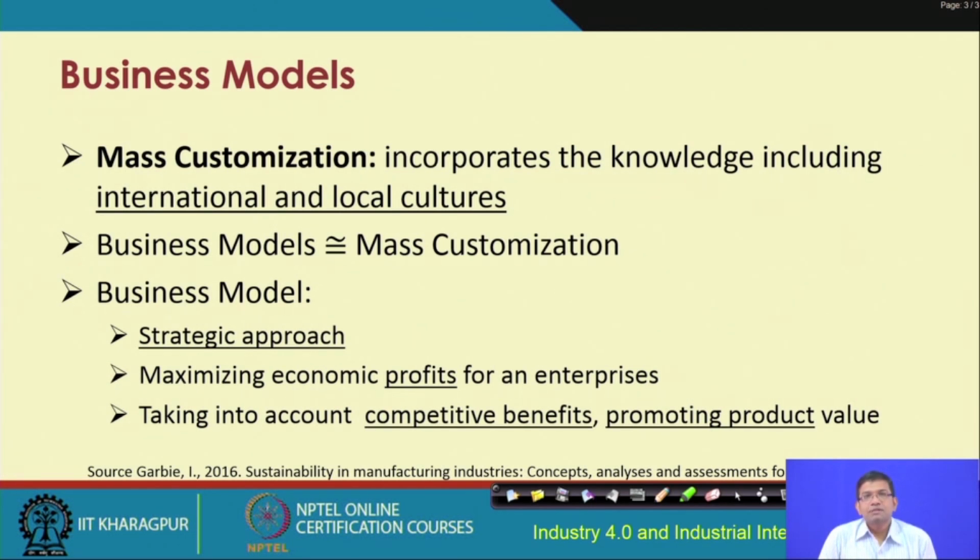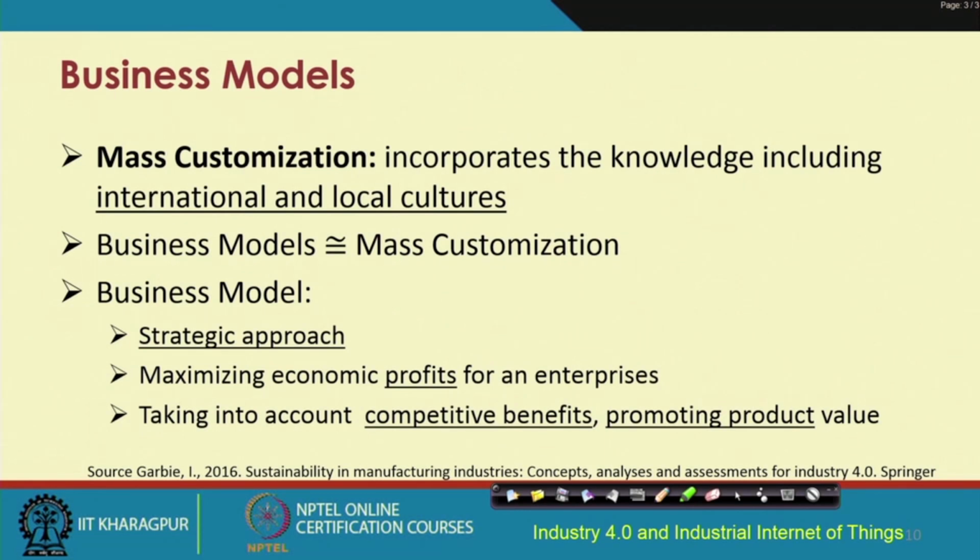So, business models have to be developed which should take a strategic approach by considering the bigger issues, the strategic issues, that means high level issues for a particular organization or business, and the greater issues overall. Business models will have to be strategically developed, and it is also required to have a business model which will maximize the economic profits for an enterprise by taking into account the competitive benefits and promoting the product value.